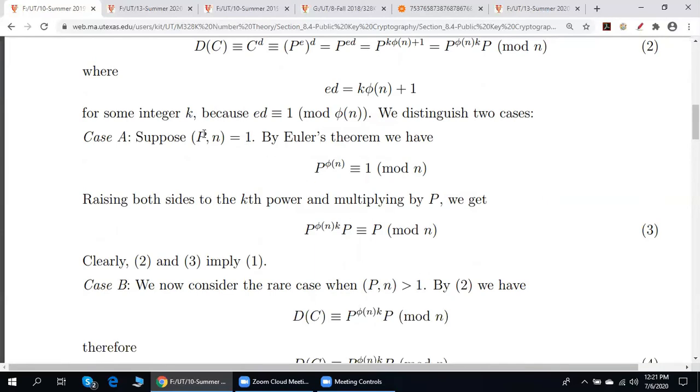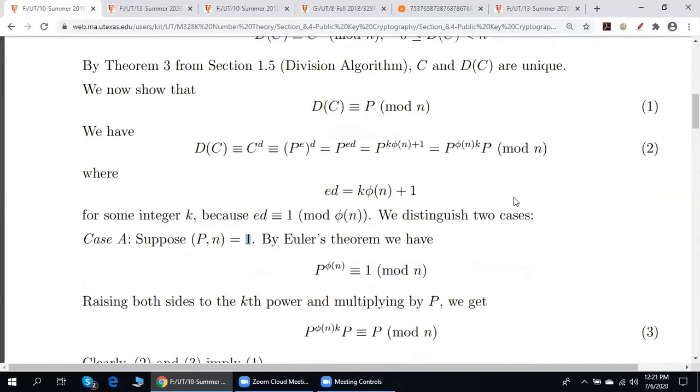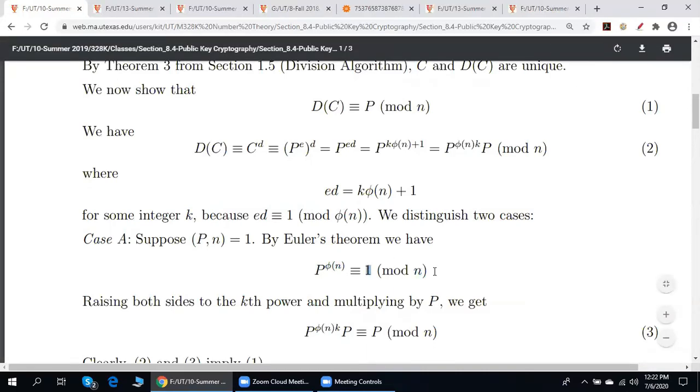If the greatest common divisor is 1, it is relatively easy to show that this is congruent to this. Note that by Euler's theorem, p to this power is congruent to 1 modulo n. Here is what we do next.